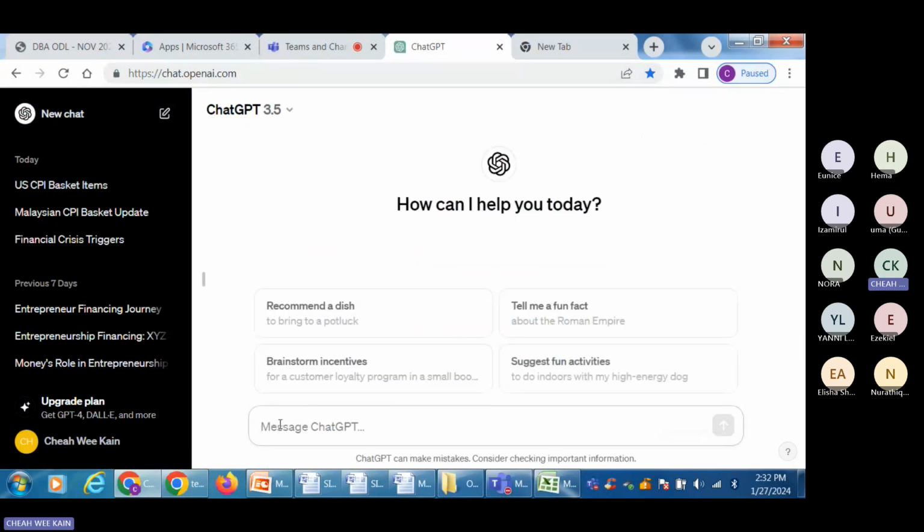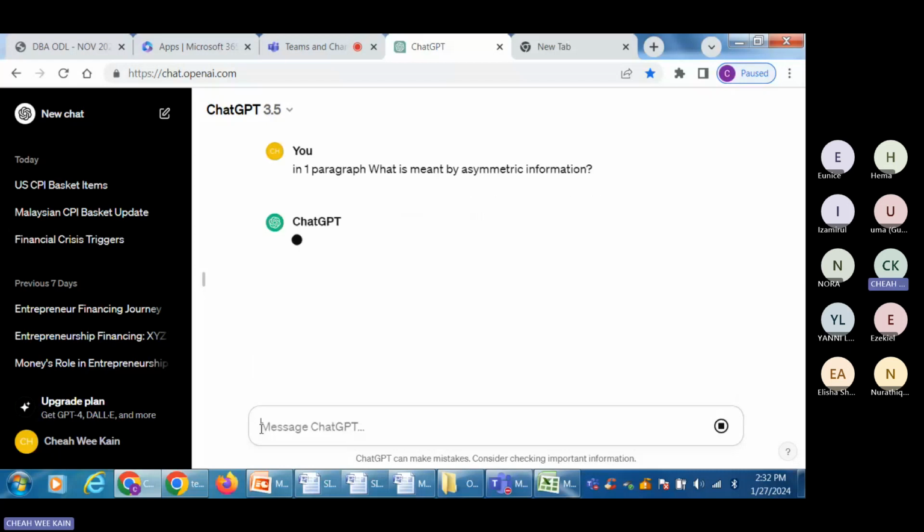Then you can just type. You can write 10 pages or 1 page, for example when you're doing your thesis, you can ask for 10 pages under literature review or something like that. So you can just put in one paragraph or whatever it is: what is meant by asymmetric information?